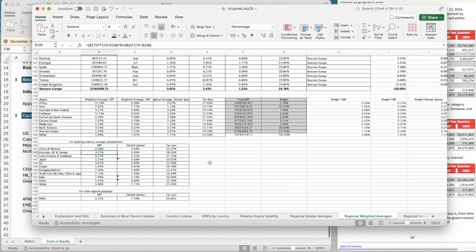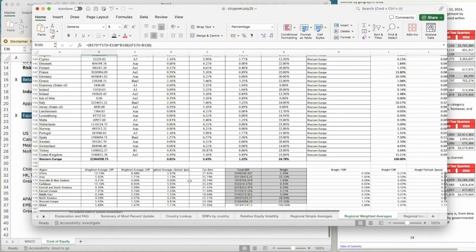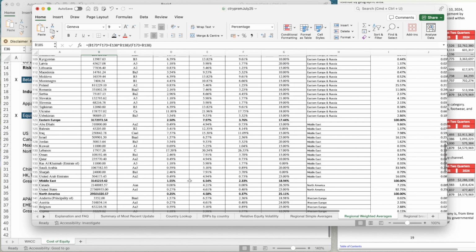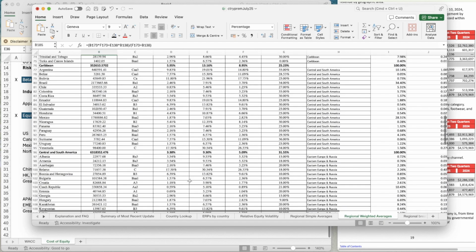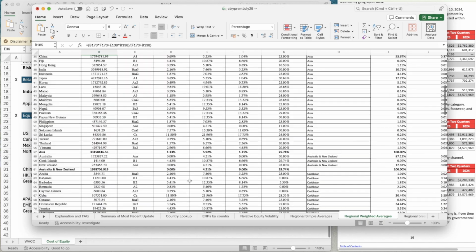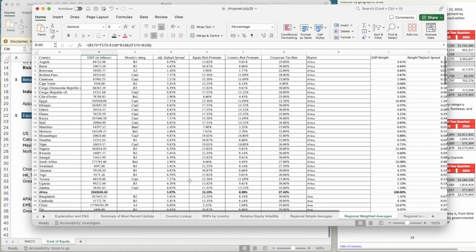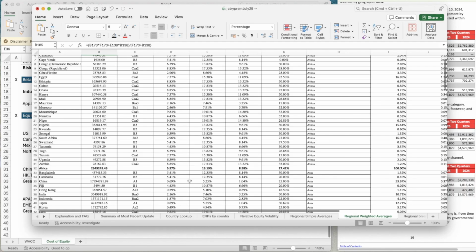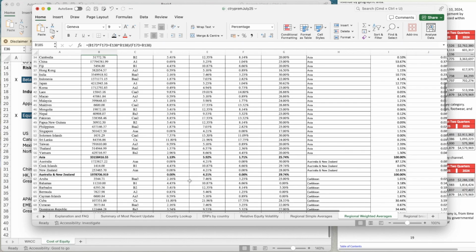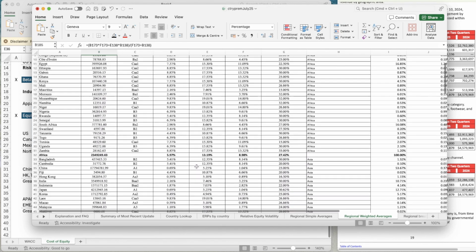So I think it would actually be closer to... well, let's see what Singapore's is by itself. Well, it's GDP weighted, so let's just use 5.92.